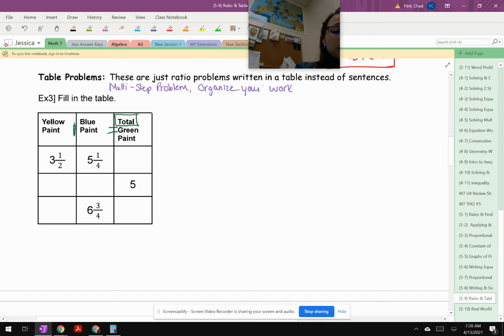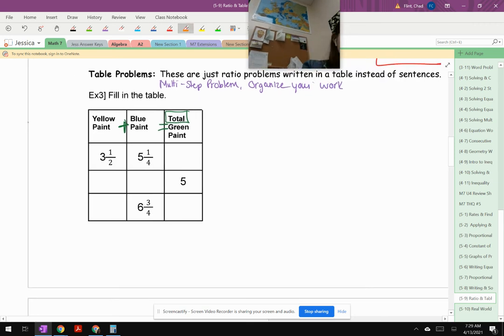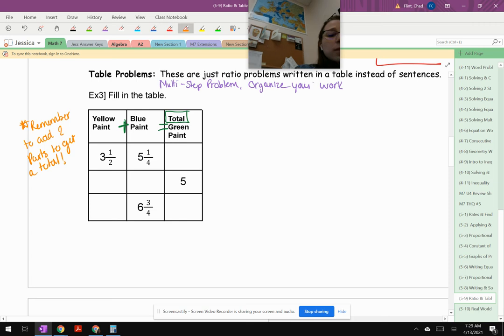When I add yellow plus blue, that equals the green paint. So, remember to add 2 parts to get a total.